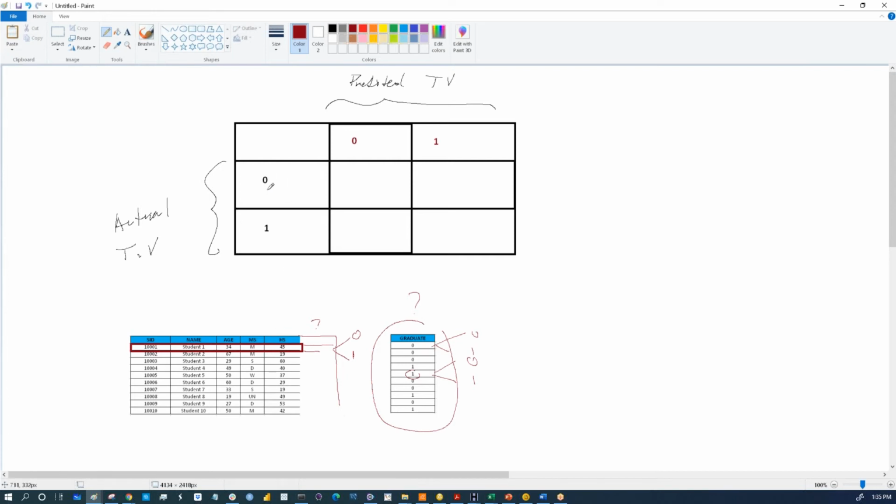So if it's 0 and the model predicted it as 0, it's called a true negative. If it's a 0 and the model predicted it as 1, it's called a false positive.